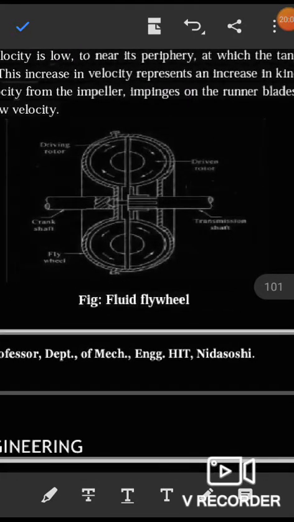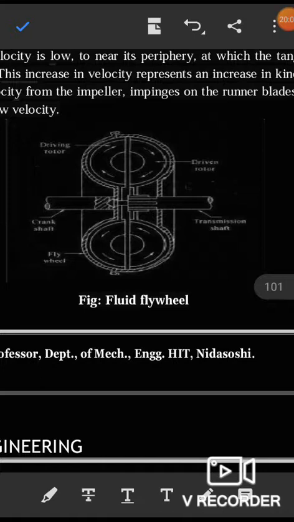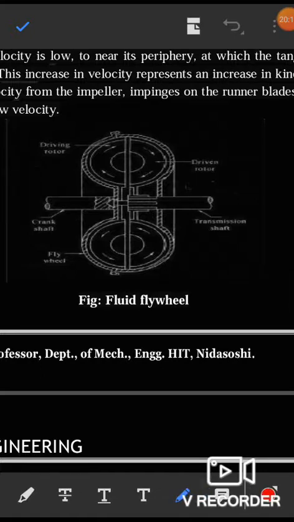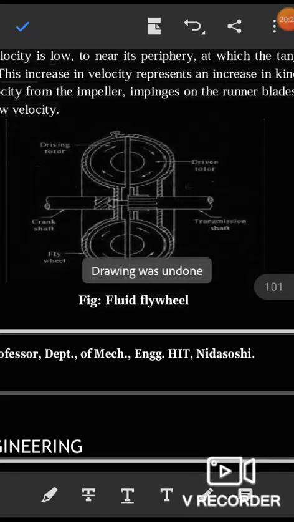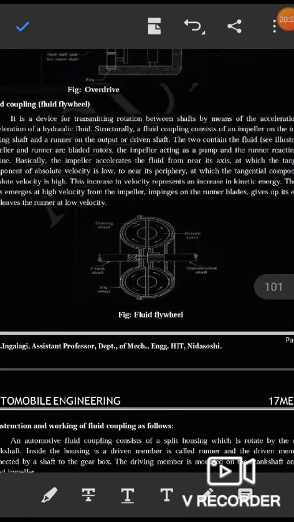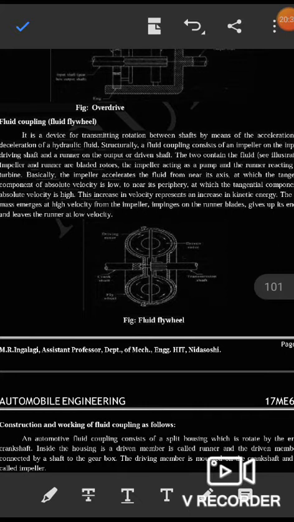This is the fluid coupling diagram, showing the different parts: the driving rotor, driven rotor, crankshaft, transmission shaft and flywheel. So this is the diagram for the fluid flywheel. Why we need to use this in the vehicle, I will explain now.